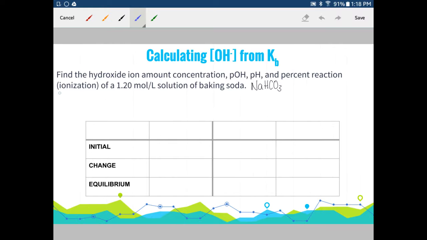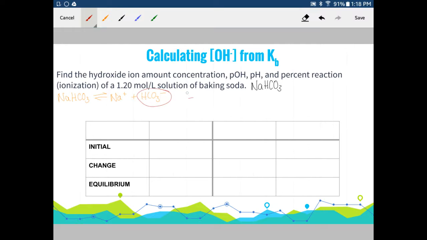So first, I have my NaHCO3. First thing is this dissociates into Na positive and HCO3 minus. Now, we only react our base when we're looking at this.